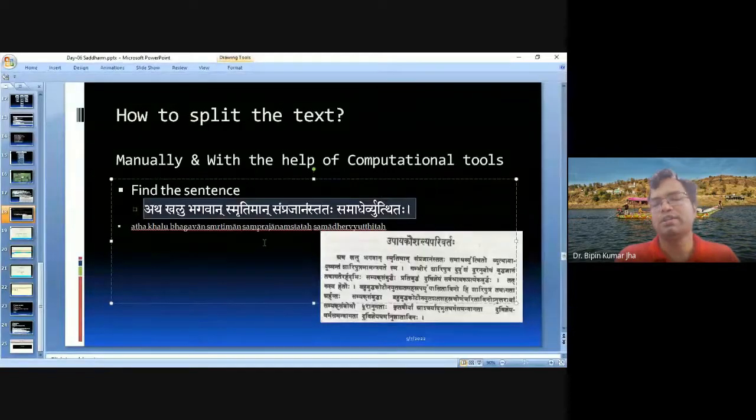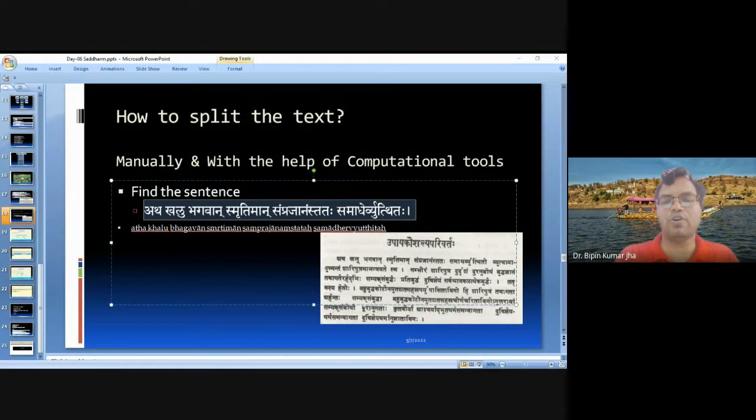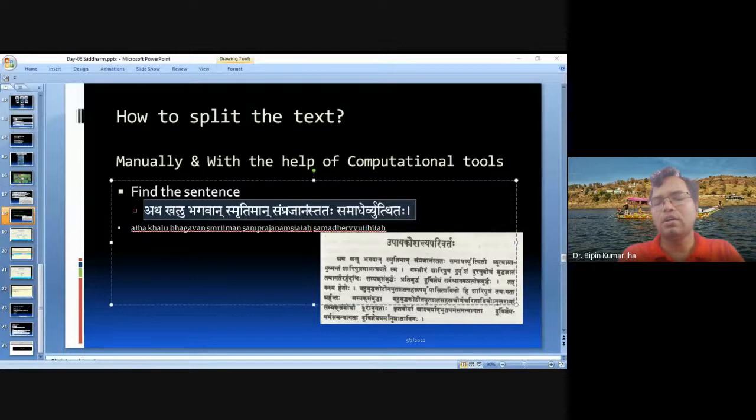Now there are two different ways to understand this sentence. First of all, if you are viewing the traditional Sanskrit style, then what you are doing, you are finding the verb, and according to verb you are finding subject and other adjectives.